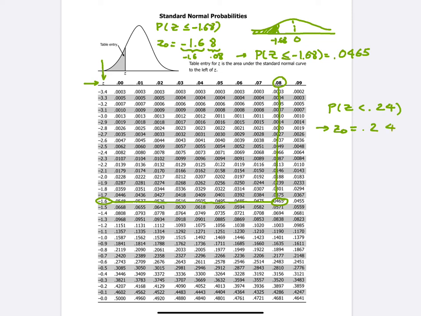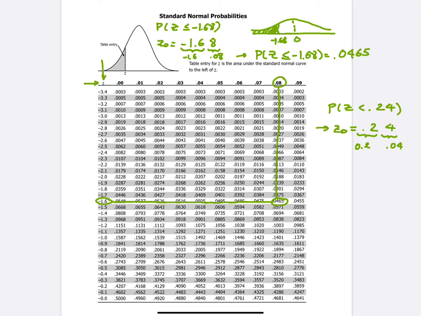And again, we want to split this number into two parts. The first part contains the whole number portion and the first digit after the decimal point. The second part contains the second digit after the decimal point. And so in this case, we have the first part being 0.2 and then the second part being 0.04.